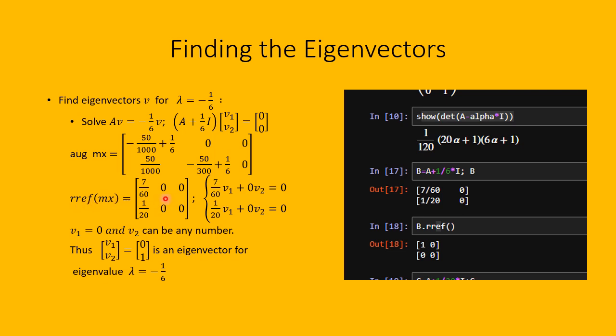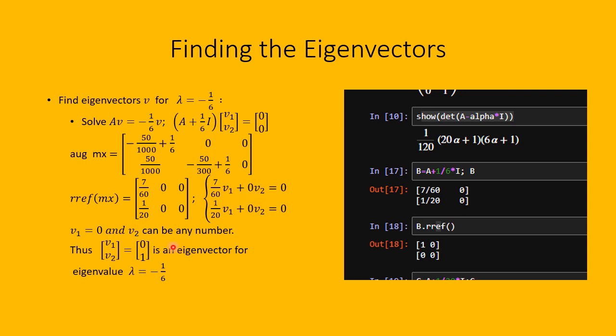The system of equations that you get from this is 7/60 V1 plus 0 V2 equals 0 from this first row, 1/20th V1 plus 0 V2 equals 0 corresponding to the second row. And so we see that in order for both of these equations to be satisfied, we have to let V1 equal 0, and then V2 can be any number.